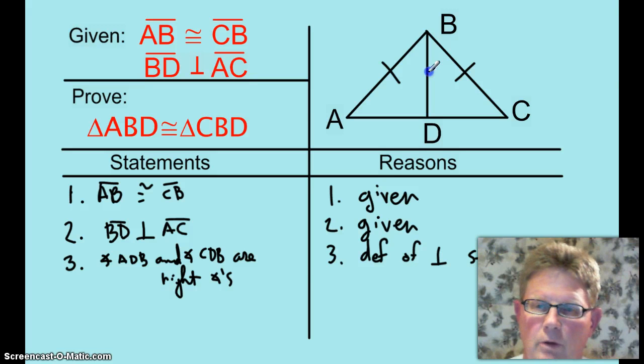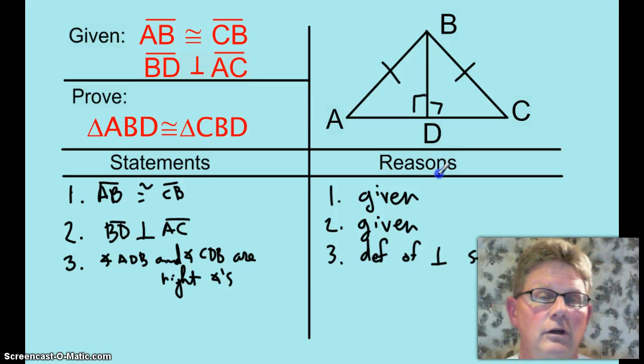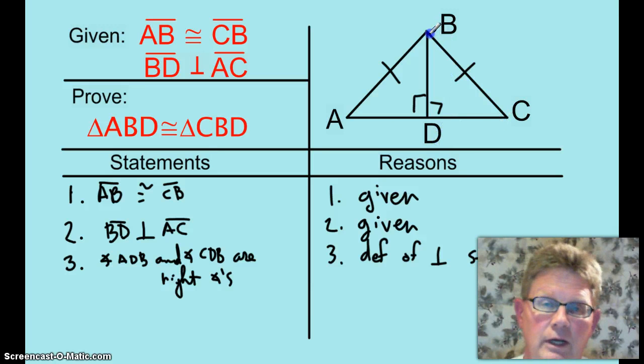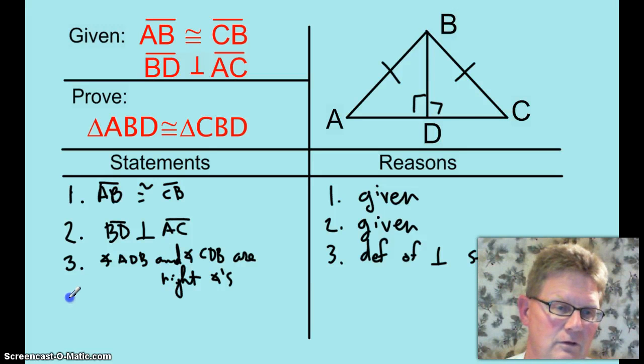So now we'll go ahead and mark that on our picture. Anytime we're trying to prove triangles are congruent, what are we going to look for? We're going to try to look for hypotenuse leg. Is there any way to get AD congruent to CD, or is there any way to get BD congruent to BD? Yes, of course there is.